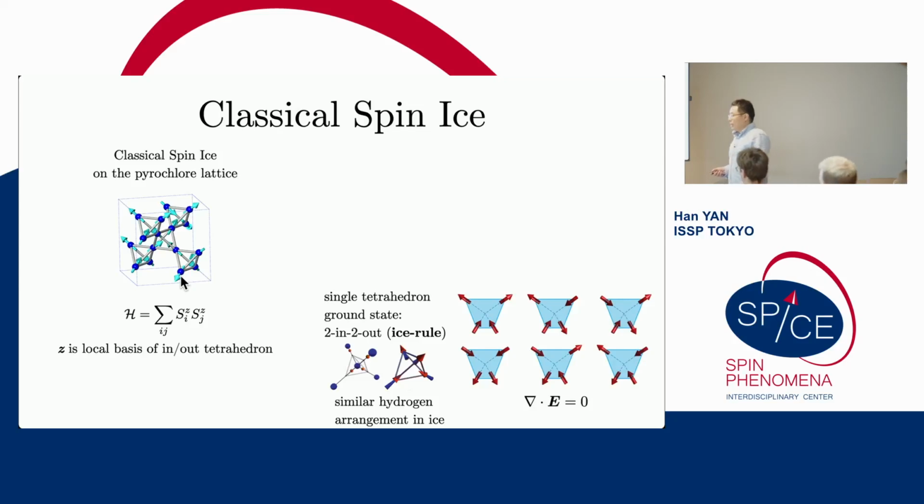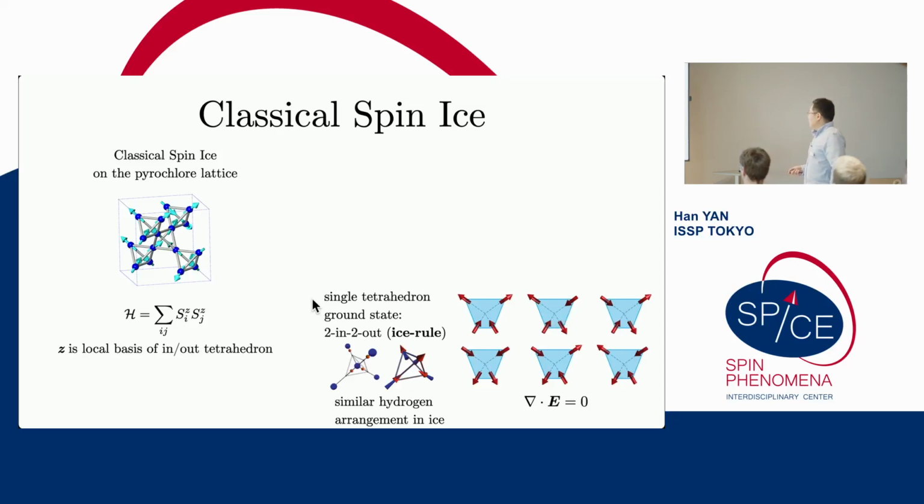Then you can work out the ground state and excited states of this model. It turns out that even on a single tetrahedron, you already have quite a few degenerate ground states. The ground state condition is that you have two spins pointing in, two spins pointing out.